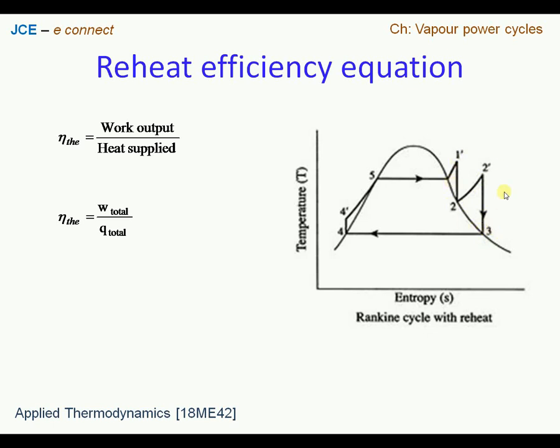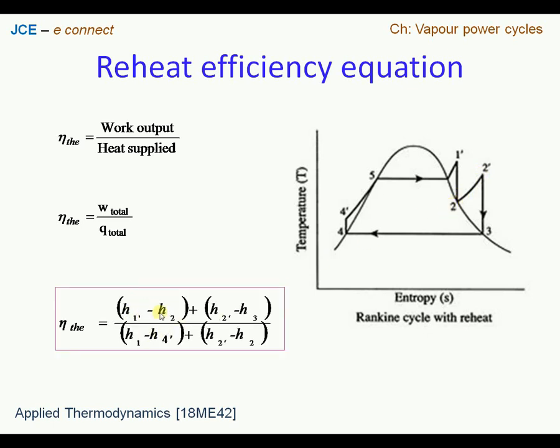So this becomes the total work done by the turbine, divided by the heat supply. Heat supplied will be H1 dash minus H4 dash plus H2 dash minus H2. So here we have the numerator, which is a work term, and the denominator is a heat term.